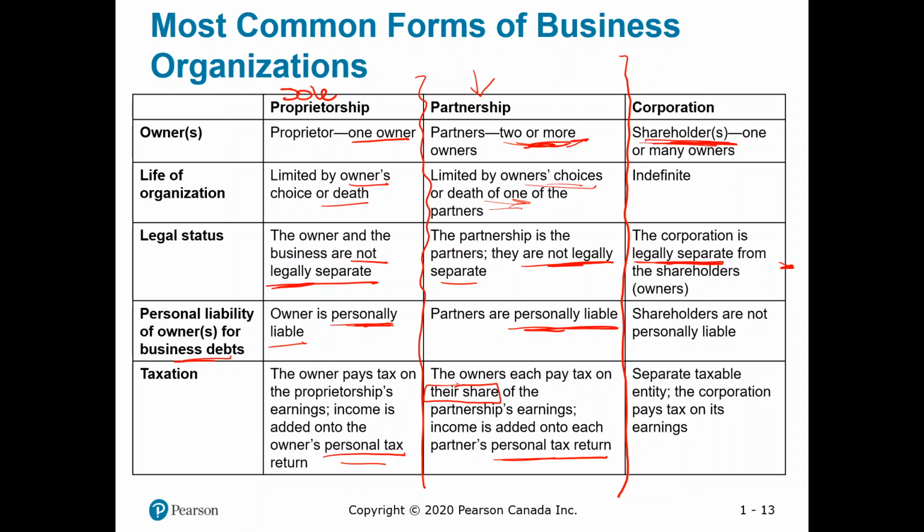The life of a corporation is indefinite. And this also relates to this legally separate status. So shareholders purchase shares, and that ownership can be transferred between individuals. And because of that, the life of the organization is not directly linked to one particular shareholder, as they are legally separate.